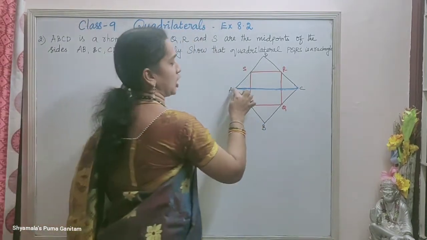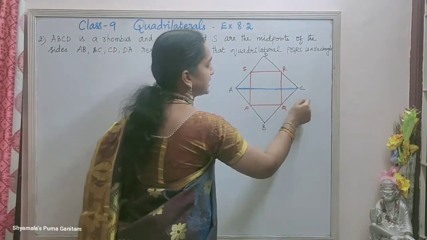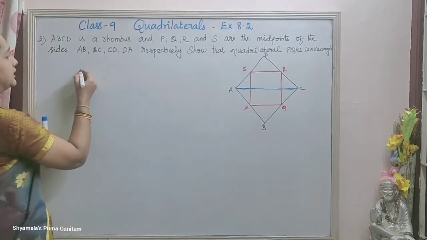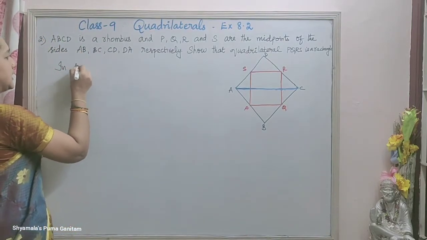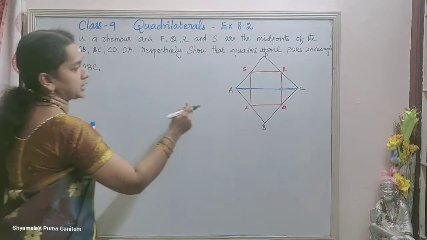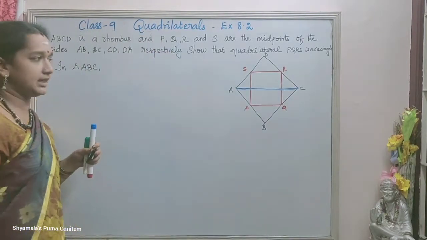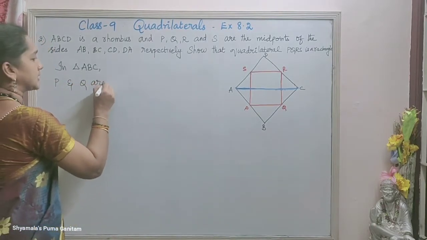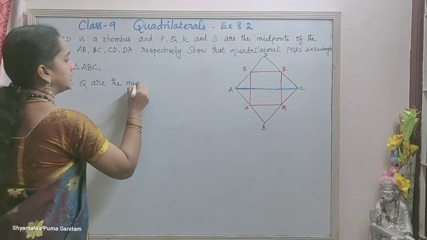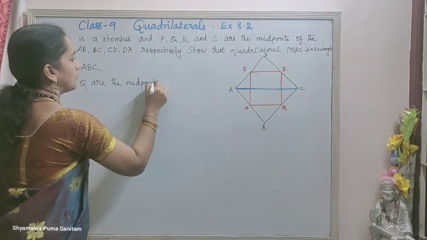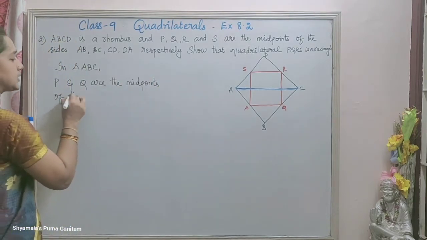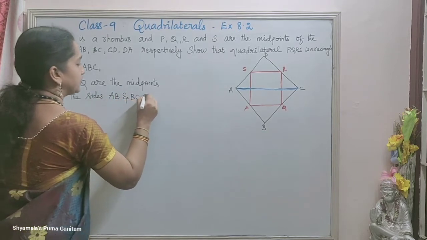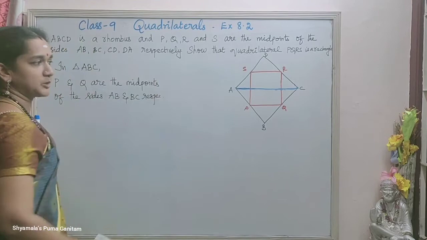If we join the diagonal, we will get two triangles ABC and ADC. First we will take triangle ABC. In triangle ABC, P and Q are the midpoints of the sides AB and BC respectively.